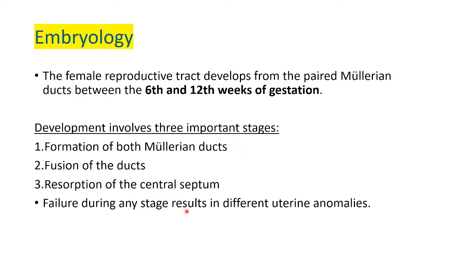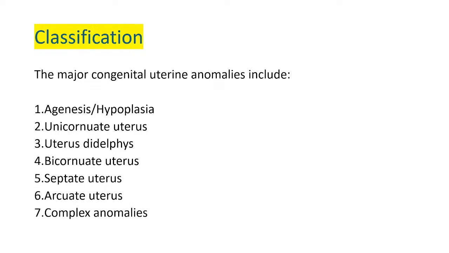Failure during any stage results in different uterine anomalies. The classification of the uterine anomalies: the major congenital uterine anomalies include agenesis or hypoplasia, unicornuate uterus, uterine didelphys, bicornuate uterus, septate uterus, arcuate uterus, and complex anomalies.